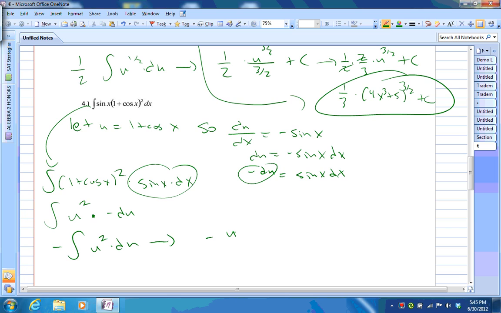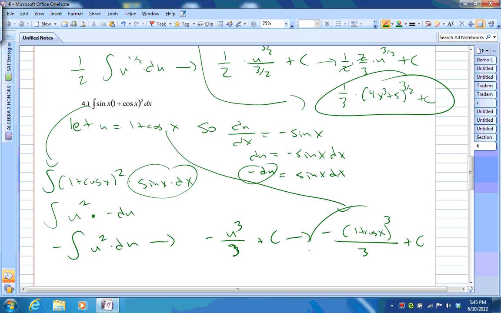So you get negative u cubed over 3 plus c, because remember, you increase the exponent by 1 and divide by the new exponent, and then put 1 plus cos x back in, so you get negative (1 plus cos x) cubed over 3 plus c.